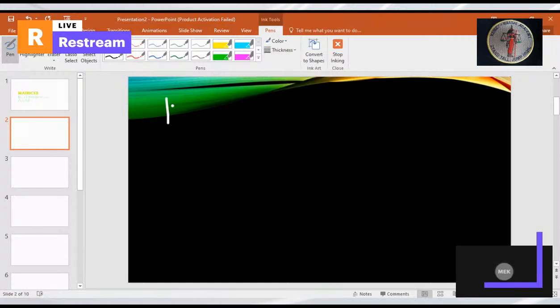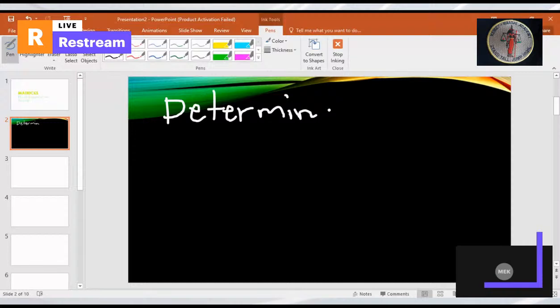So for the determinant of a 2x2 matrix, let's say we have any given matrix. Let's say matrix A. We use capital letters to name our matrix. So let's say matrix A is 4, 3, -2, 5.